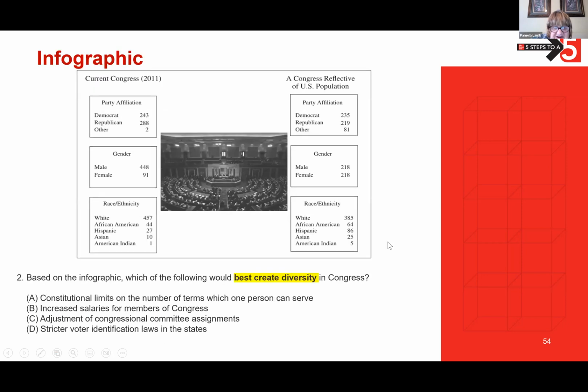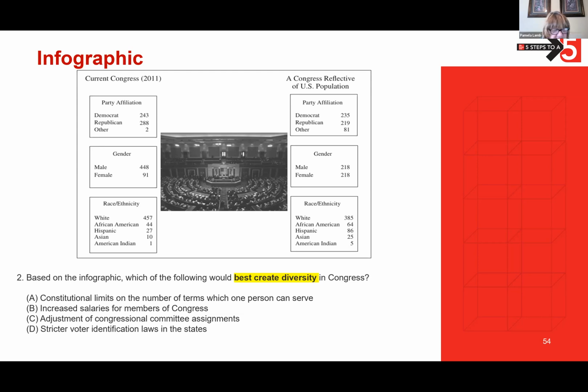And then the second question, based on the infographic, which of the following would best create diversity? How could we create more diversity in Congress? Would it be through term limits, which would limit how much time any one person could serve, allowing for more people to serve? Would it be through increased salaries for members of Congress?